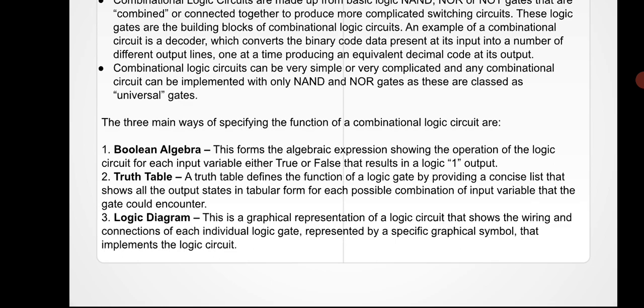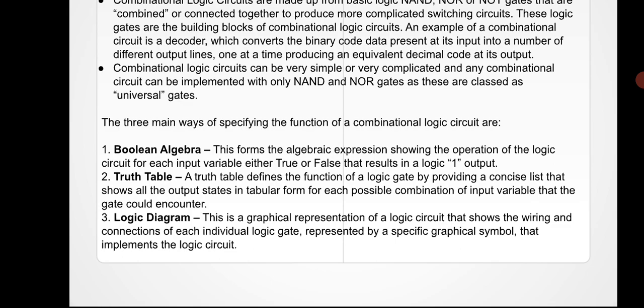So this is a graphical representation of a logic circuit that shows the wiring and connections of each individual logic gate. So ultimately when you go for a logic diagram, you will be having gates as well as graphical representation. This is one of the easy ways to represent or specify a combinational logic circuit, because as human beings, instead of dealing with zeros and ones, it is better for us to represent a particular thing in a graphical way.